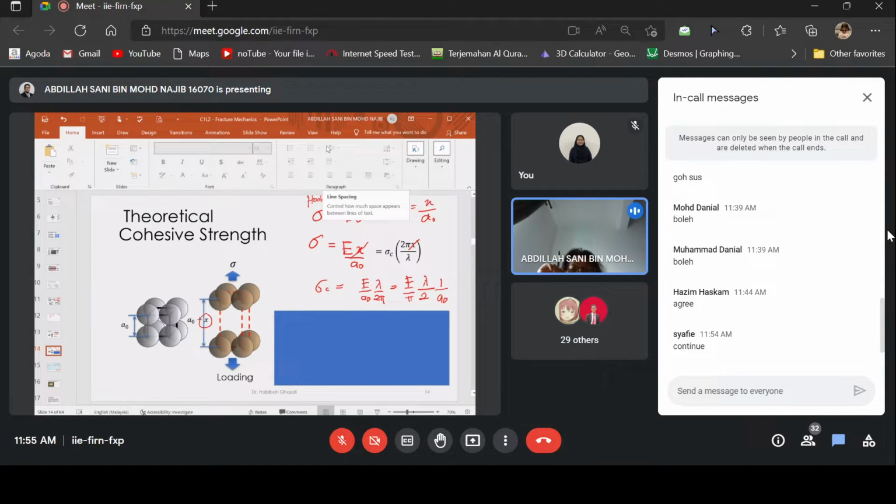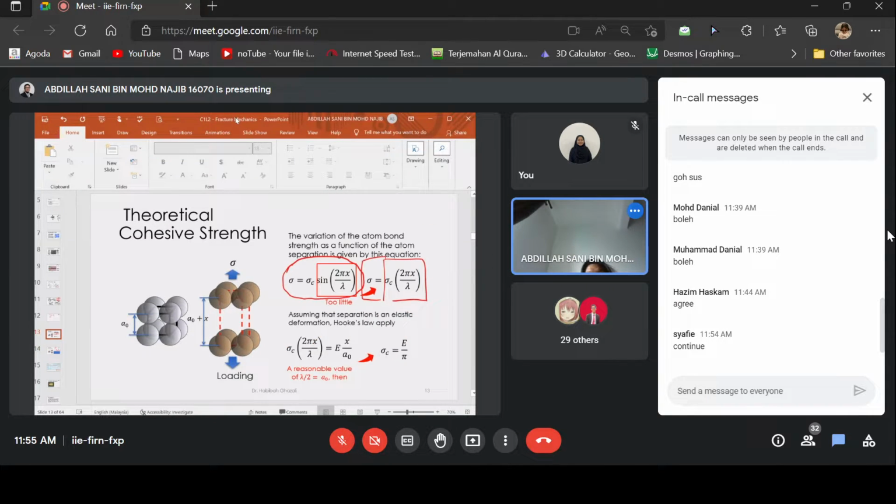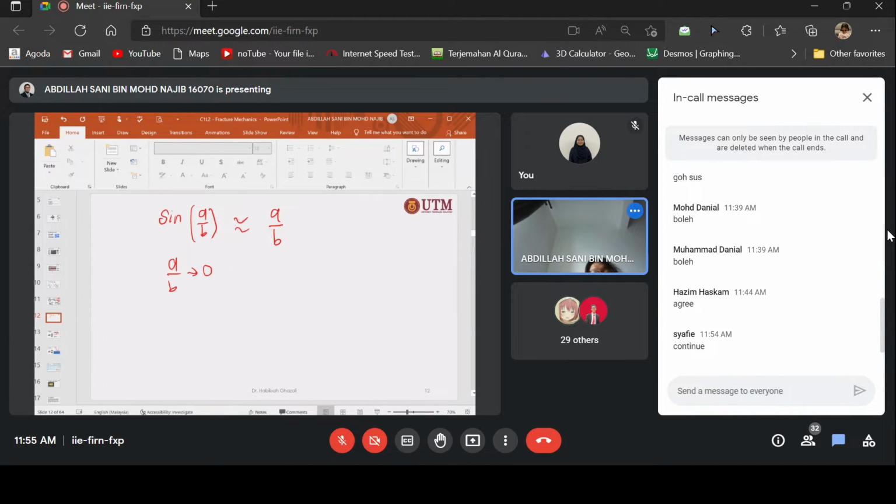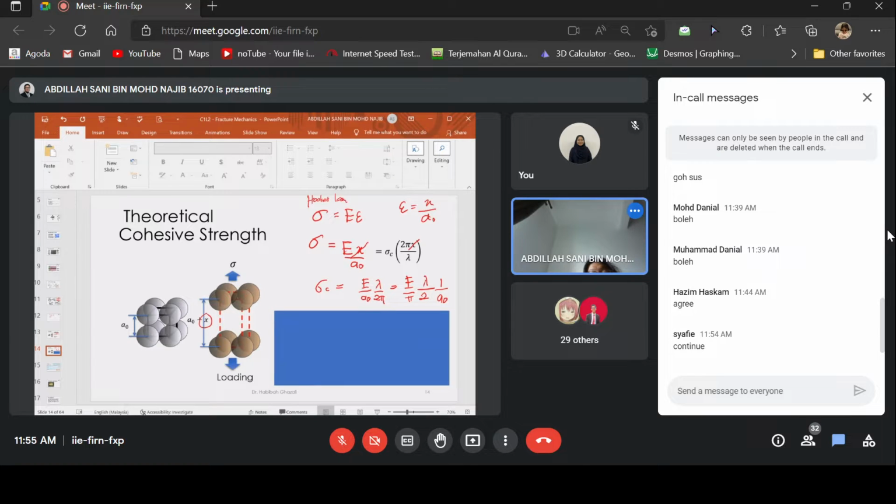So, this is another assumption. Another assumption that we make here is that lambda over 2 is equal to a naught.